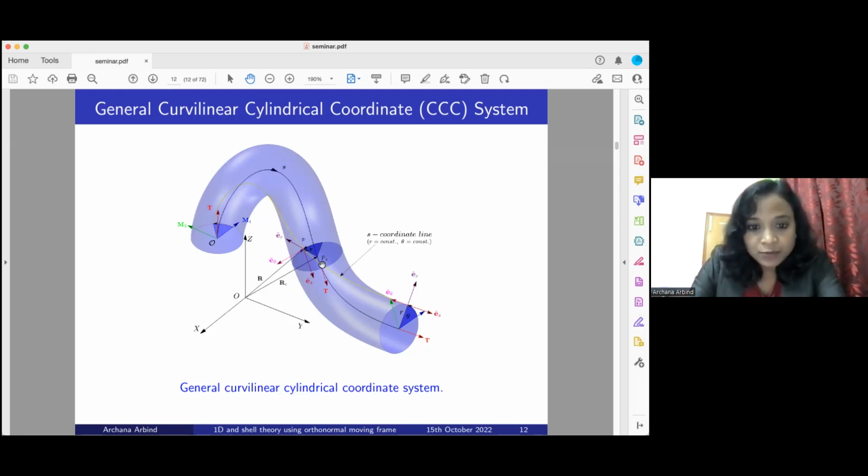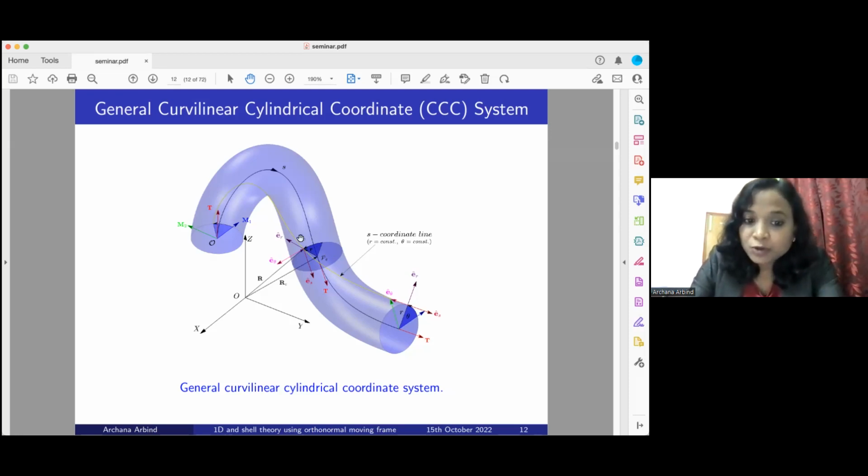That is what we did: ES here, at each point, is parallel to the tangent vector, and then E theta and ER would be in the normal direction. So these ER, E theta and ES make an orthonormal moving frame. With this basis vector and these coordinates, we derive all the kinematic quantities of interest.